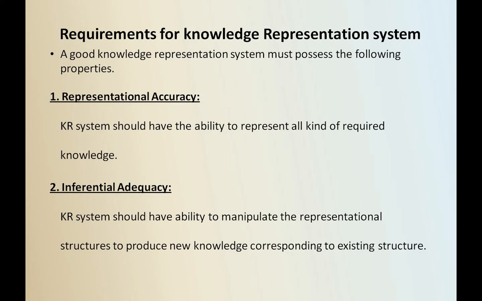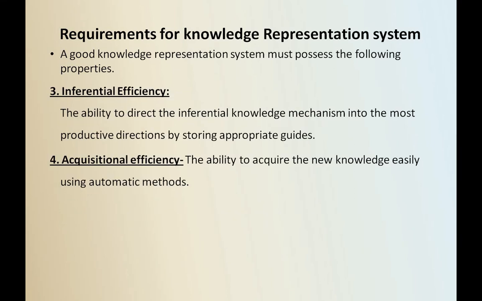Based on the existing rules, we can conclude new rules and new knowledge. This feature is called inferential adequacy. The KR system should be able to represent new knowledge based on the existing knowledge.